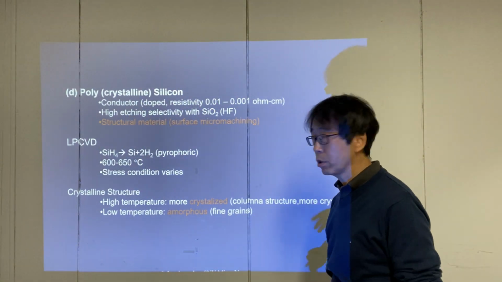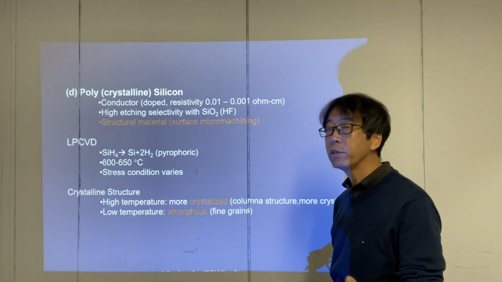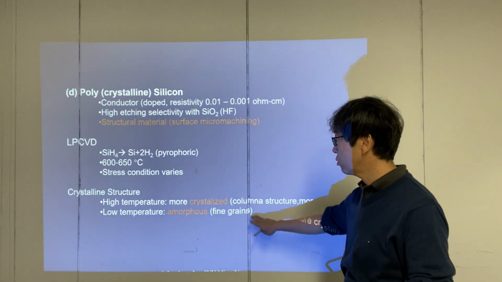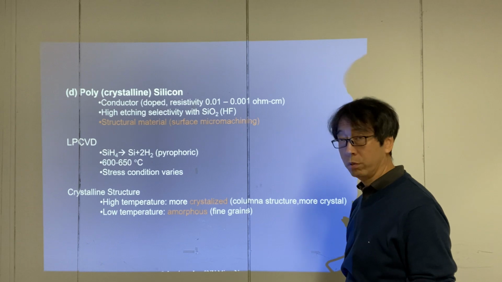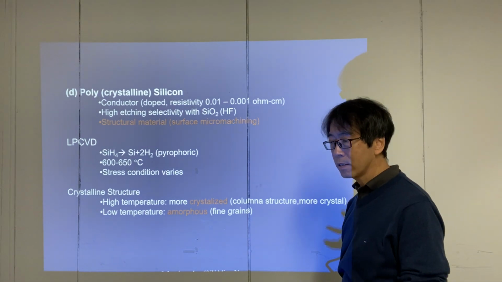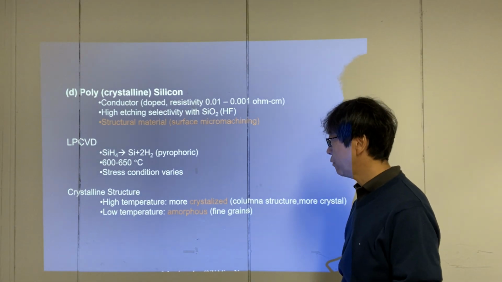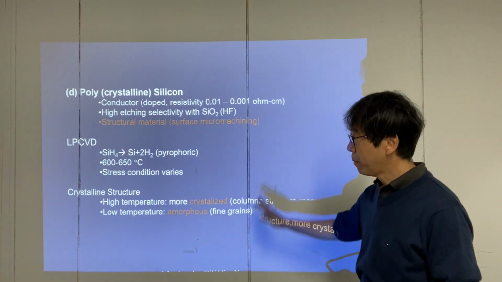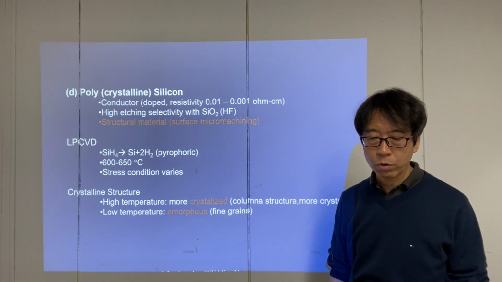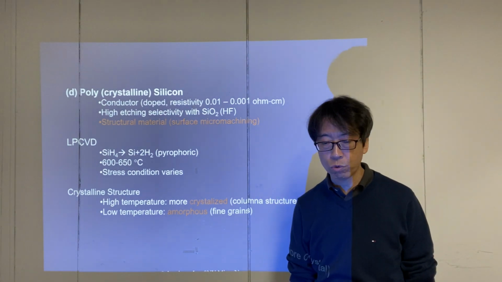But at low temperature, such chances are rare, so you end up with so-called amorphous silicon, less crystal-oriented silicon, fine grains in this case. Depending upon your goals, you can choose different processes.